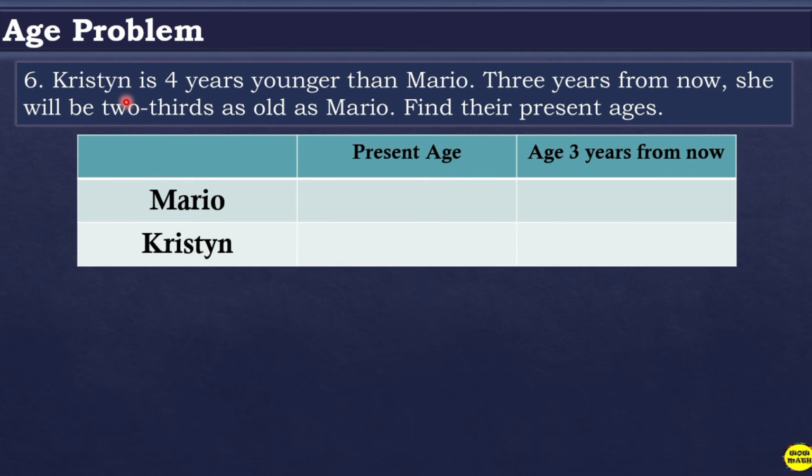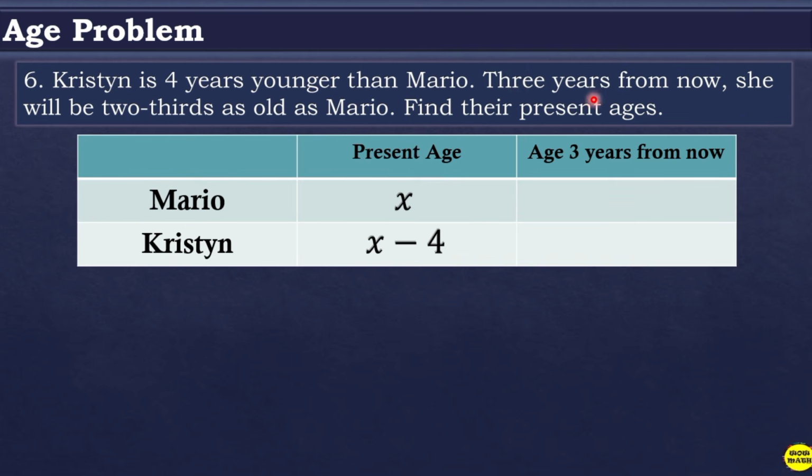So, balik ka dito. Christine is 4 years younger than Mario. So, kung eto si Mario, eto yung age niya na hindi pa natin alam, ang sabi, si Christine daw is 4 years younger. So, mas mababa siya ng 4 na taon. So, kung ano yung age ni Mario, i-minus 4 lang natin. Okay? Kasi hindi pa natin alam kung anong age niya.